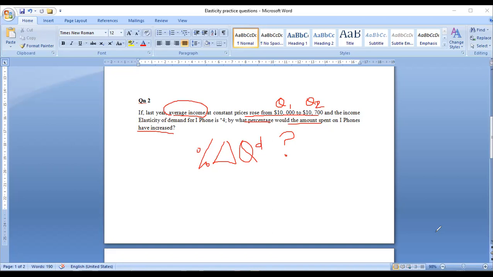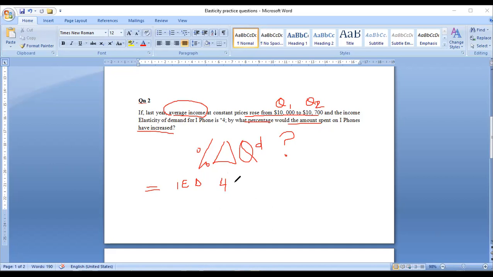Have we got the logic? So if you have got the logic, let us continue from there. So practically, income elasticity of demand, which is 4, isn't it? They've already given it to us.